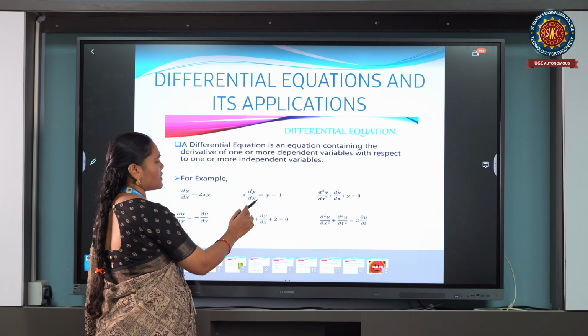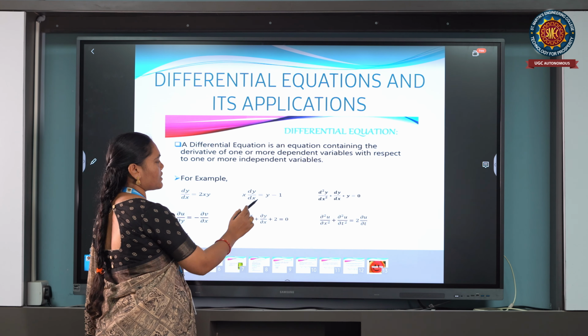Next, partial differential equations, represented as PDE. The definition of a partial differential equation: an equation containing partial derivatives of one or more dependent variables of two or more independent variables is called a partial differential equation. Examples: dou square u by dou x square plus dou square u by dou t square is equal to 2 into dou u by dou t.